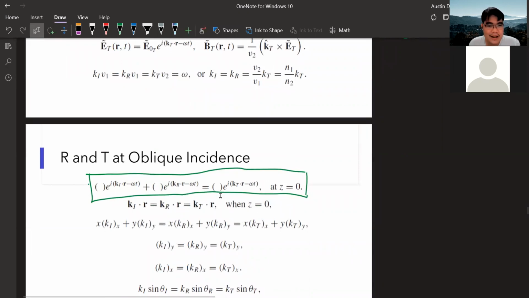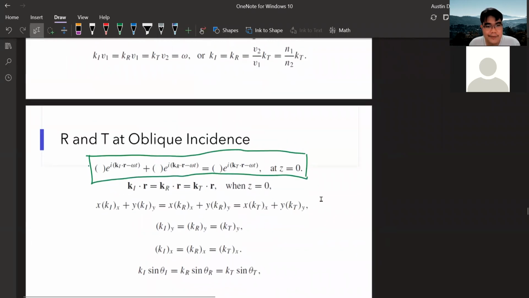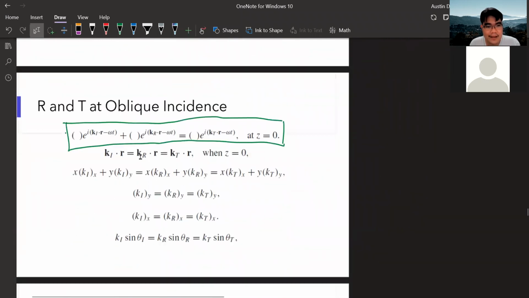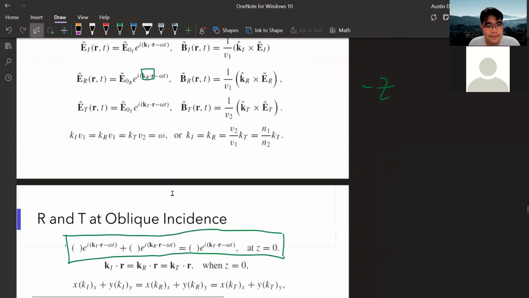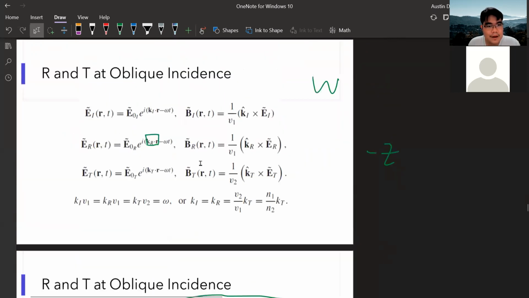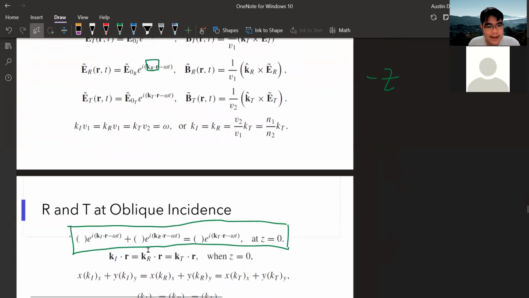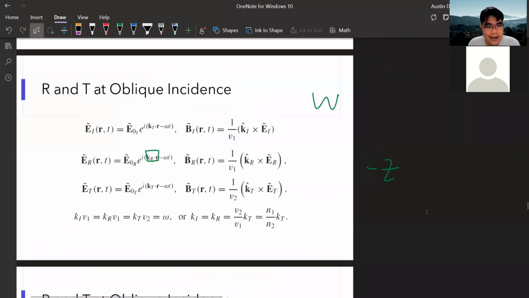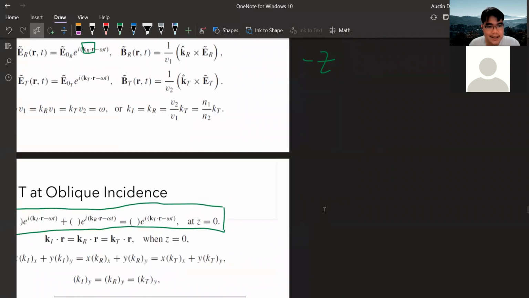So at other values of z, iba-iba sila, different whenever z is not equal to 0. Now, I want to convince you that this is equal at this point, kasi equal sila dahil they're all emanating from one point. So, ang nagbabago actually dyan is z.